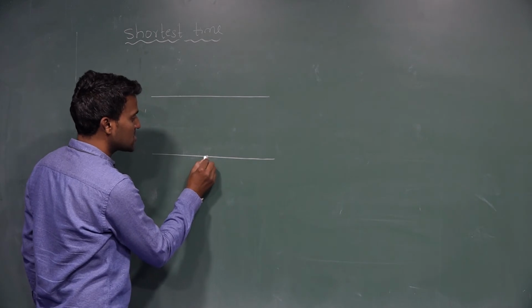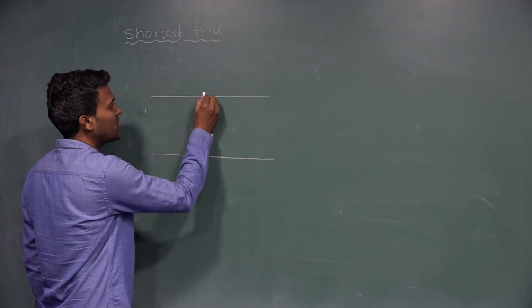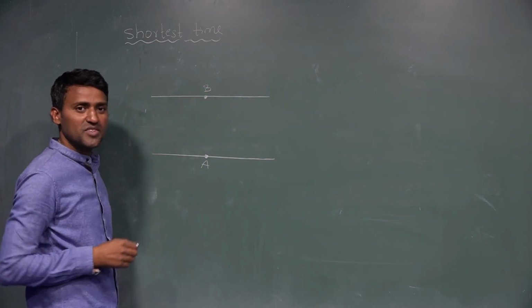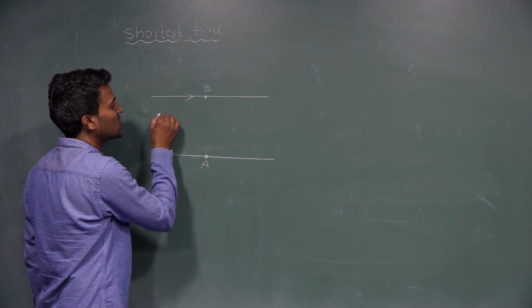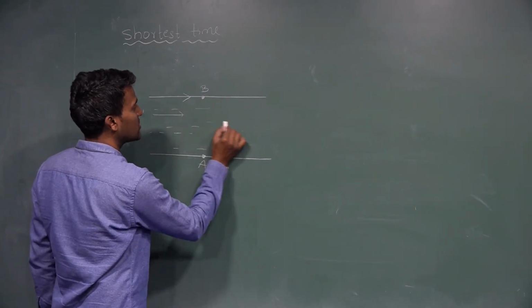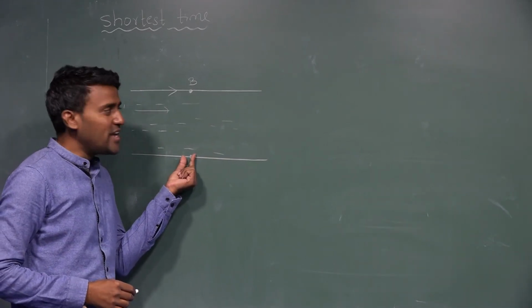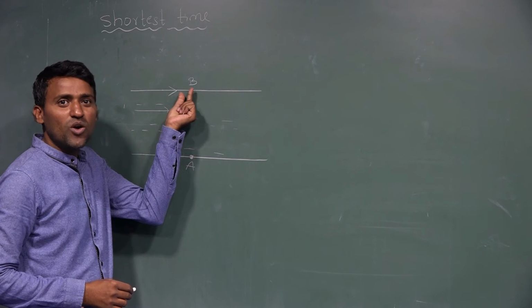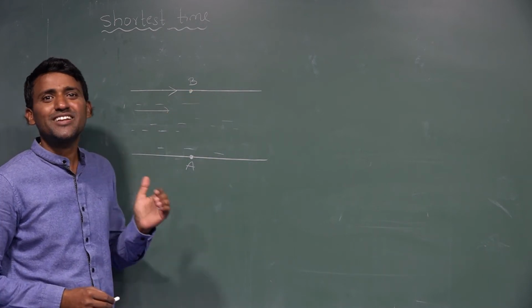Now the boat is starting from point A, and it is moving towards point B. See, the water velocity is along this direction. The water is going along this direction, isn't it? The water fluid is along this direction. If the boat moves from point A to point B, can it reach the exactly opposite point or not?